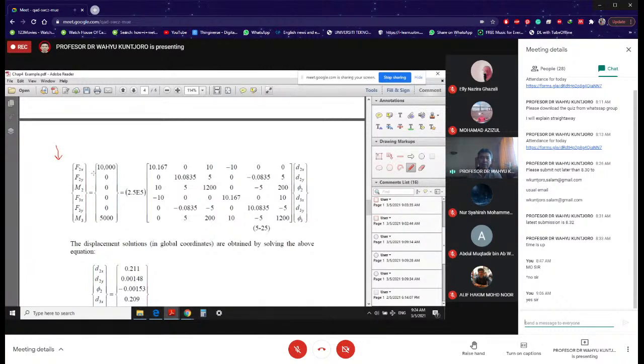Look, it is F2, M2, F3, M3. Only external forces, applied forces, at node number 2 and 3. Anything to do with node number 1 and node number 4, we delete.